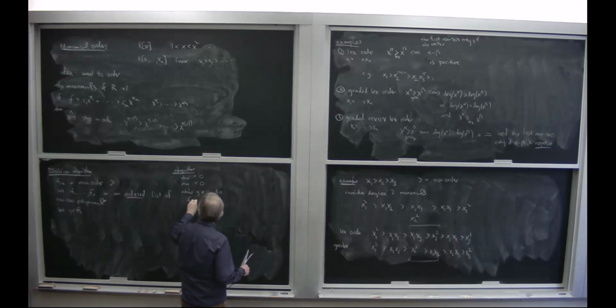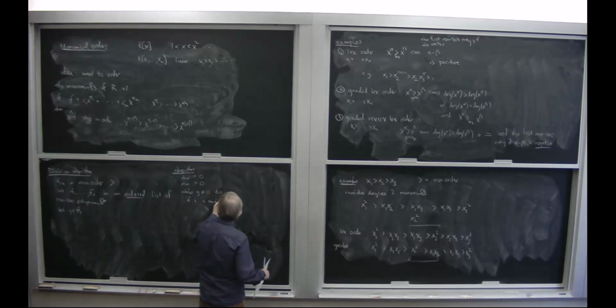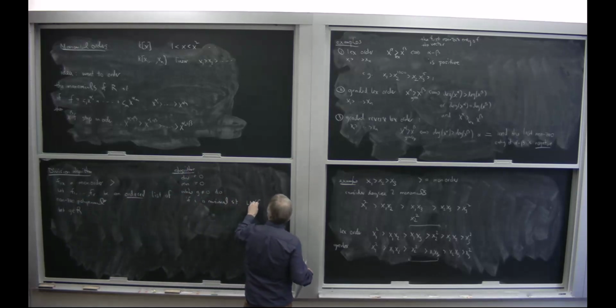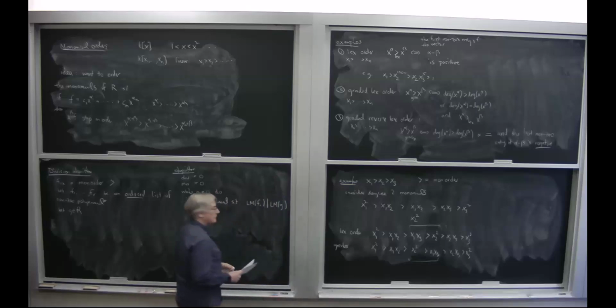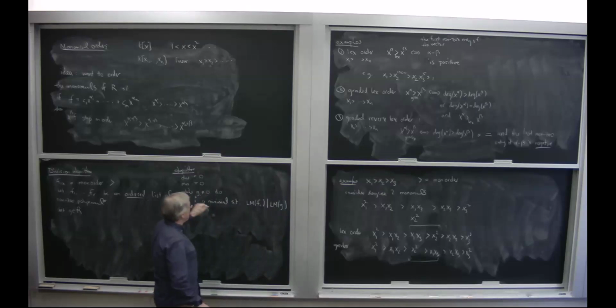So if i is minimal such that the lead monomial of Fi divides the lead monomial of G. Okay. It might not be one, in which case we have to deal with it.